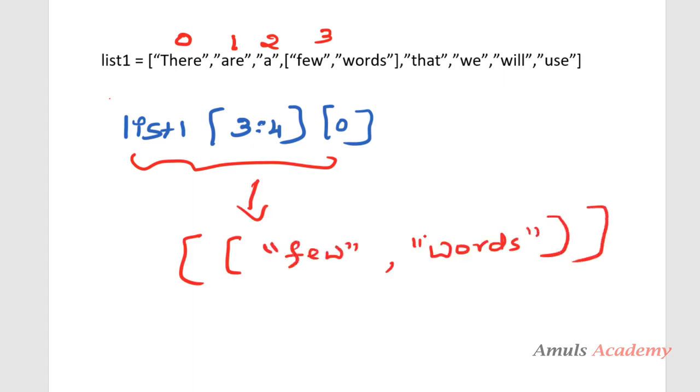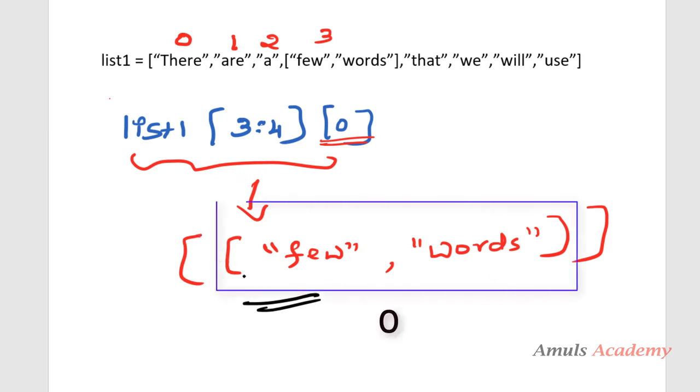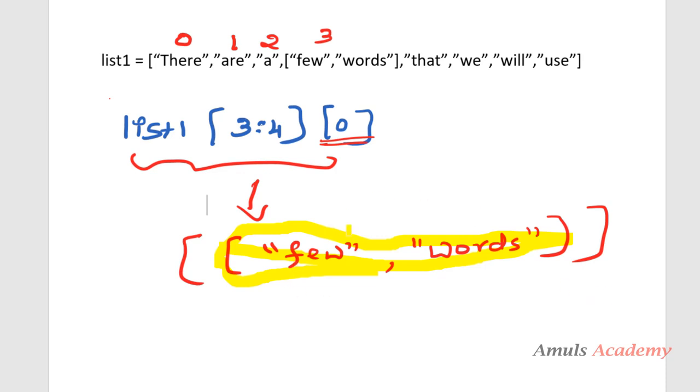In that we want the first element, that is nothing but the element present in the 0th index. That is the first value. Here we can see in this list only one value is present, that is this list. Inside this list, the first element is this only. The index of this is 0.